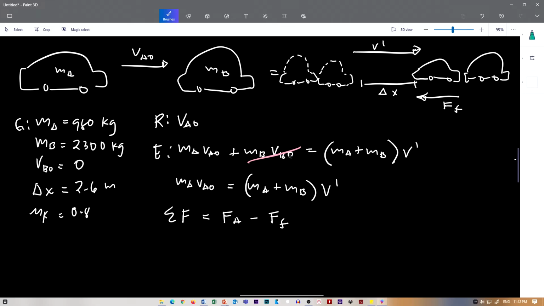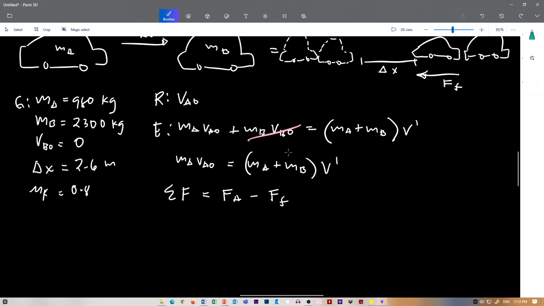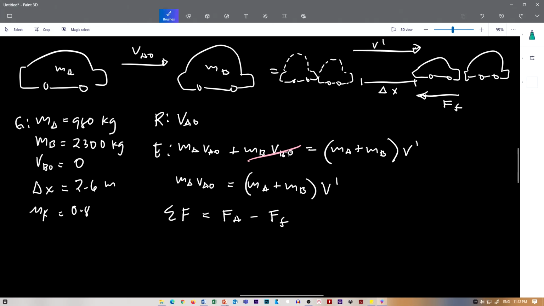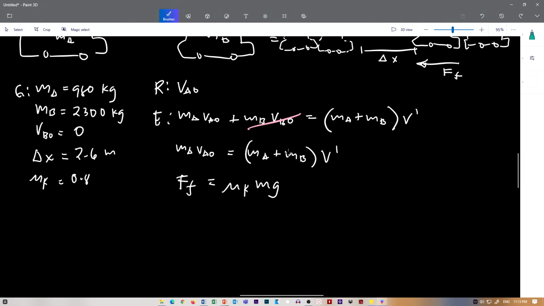Or, since the final force for this one is 0 because they will immediately stop moving, let's just look for friction force instead, which is mu sub k mg, right? And this will be usable on the other side once they are sticking together, which is the second side of the equation. You got what I'm saying? That will be our approach.